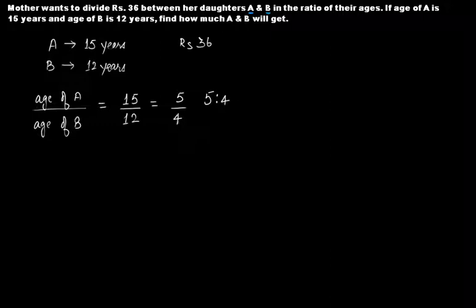Now, those of you who are thinking that can't we do it as age of B to the age of A? In that case, this will be 12 to 15, and if we simplify it, we'll get 4 to 5.